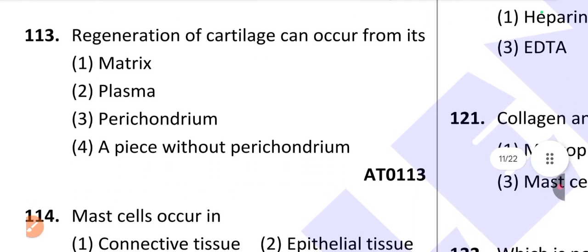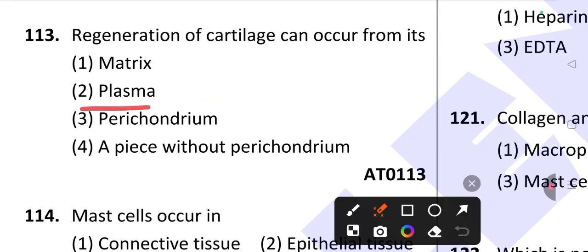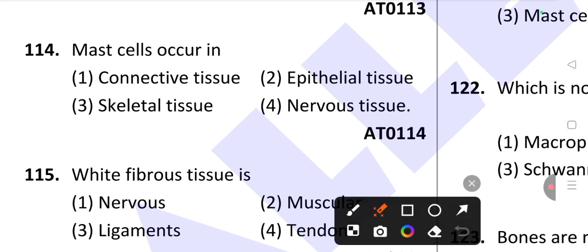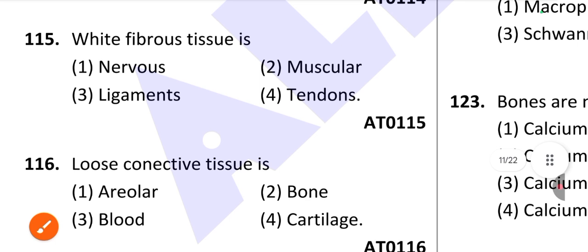So excuse me here. Next 113th one, regeneration of cartilage can occur from its perichondrium. Next 114th one, mast cells occur in. So mast cells are present in connective tissues. Next 115th one, white fibrous tissue.